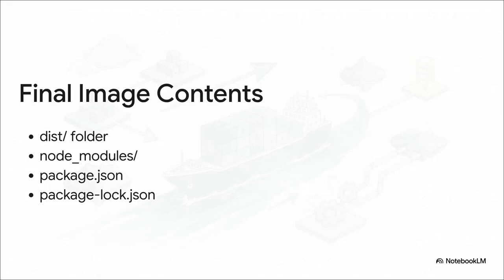Bringing this back to our Node app, by using a multi-stage build, our final production image only contains these 4 essential items: the compiled dist folder, the necessary node modules, the package.json, and the package-lock files. And that is it. Raw source code, TypeScript config files, heavy compilers, they have all been entirely eliminated from production.